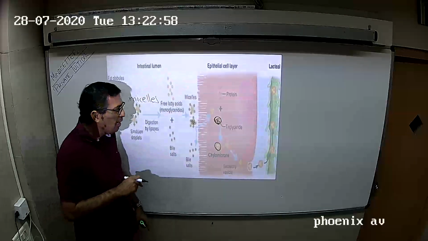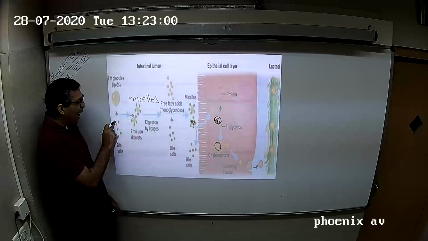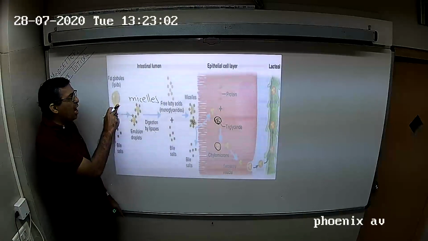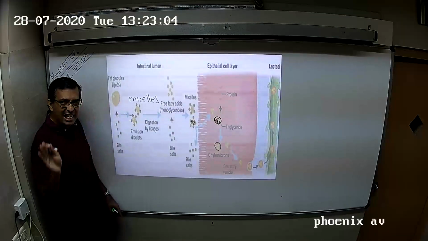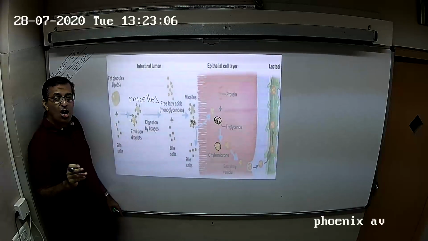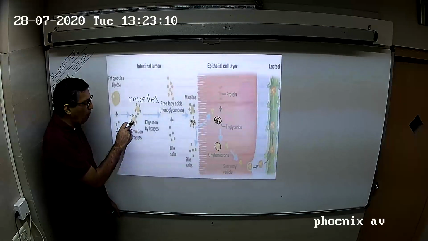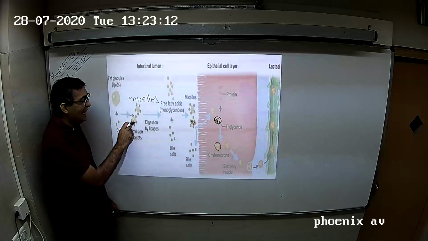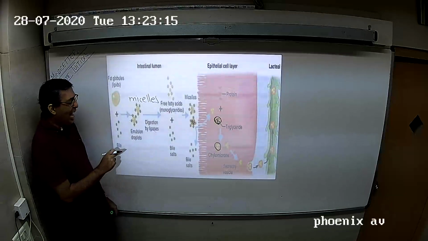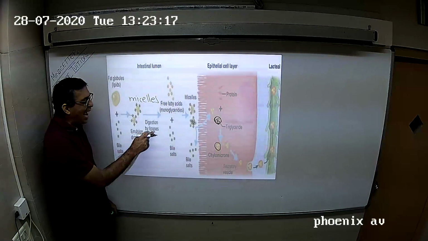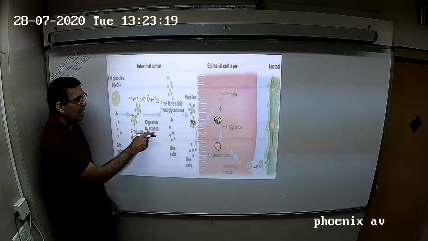So once again, bile salts break down fat, physical breakdown, which is called emulsification, into smaller droplets, which are called micelles, and bile salts activate lipase.